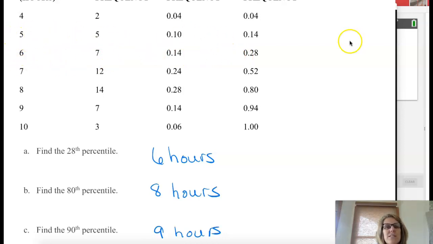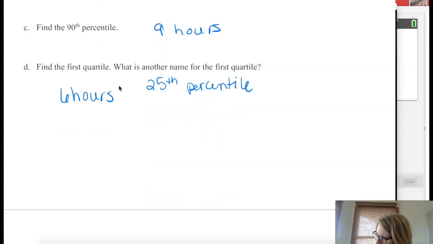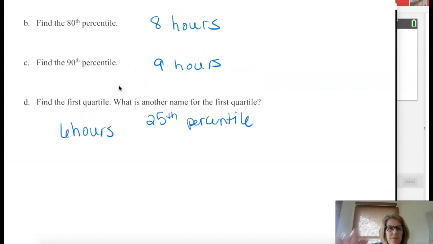And 5 students had 5 hours of sleep. That was the 14%. Because our 25th percent is higher than the 14 but lower than the 28, that means it falls in this category here with 6 hours. So 6 hours is also our 25th percentile. Make sense?